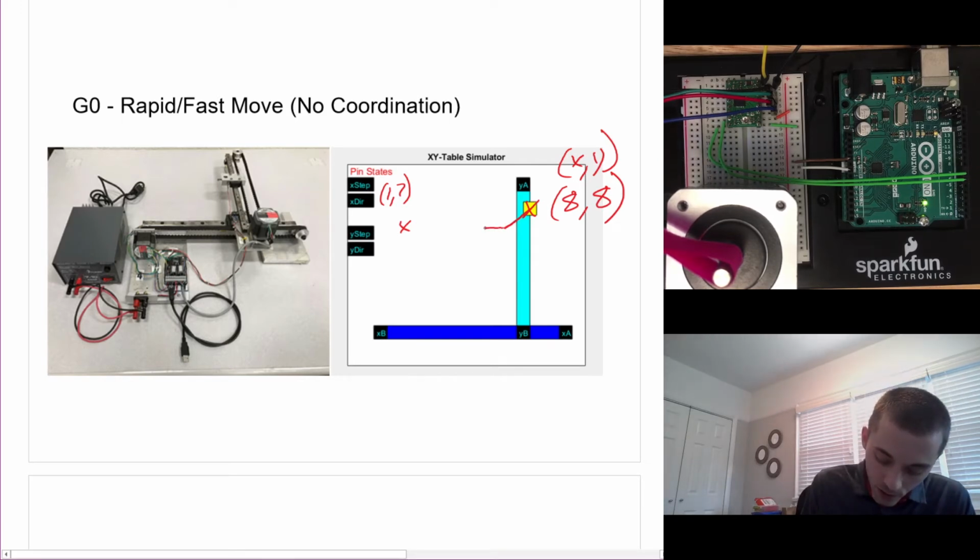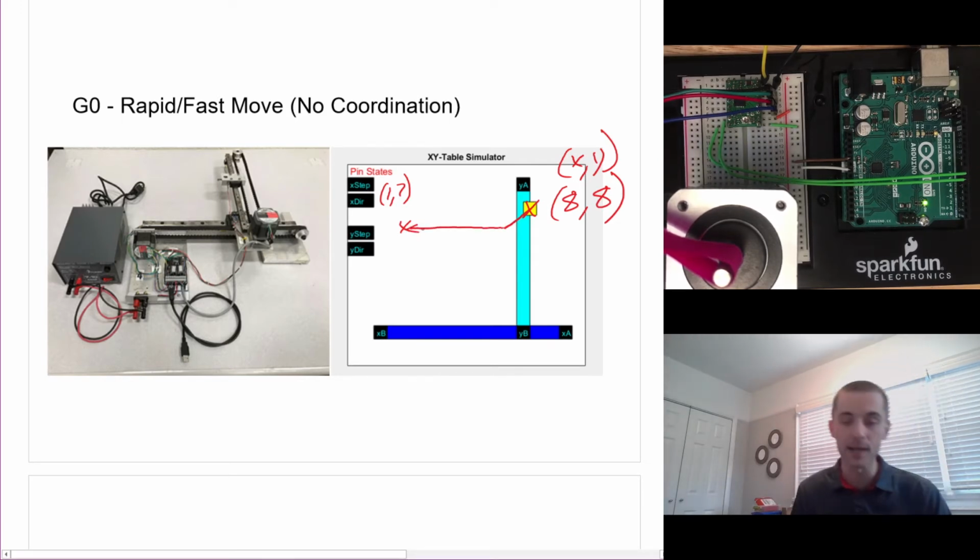And so then all it would do is move along the X axis down to 1 inch, right? And so we have a movement that does not coordinate motors together. We have two different line segments here. And so it's no coordination between motors. Each motor is just trying to get to its final position as fast as possible.